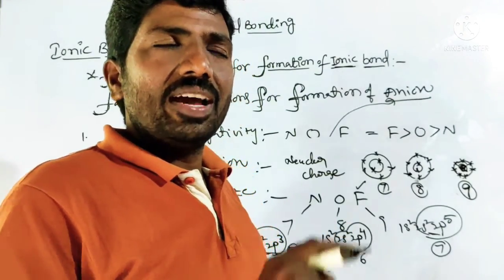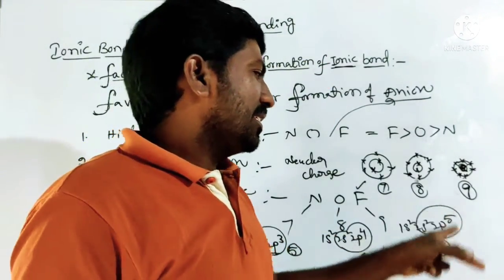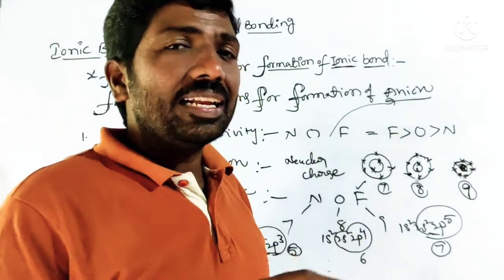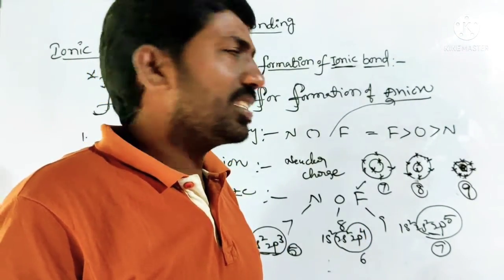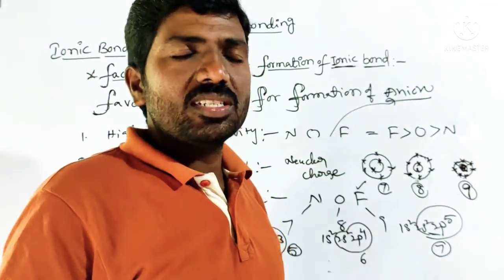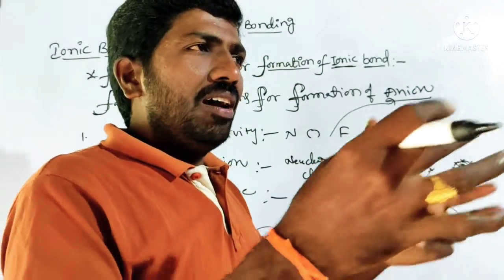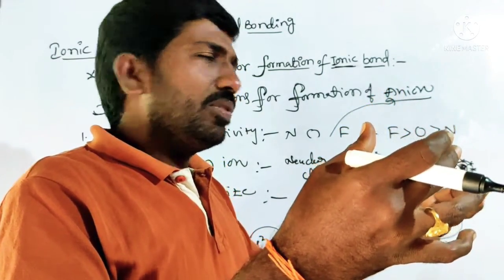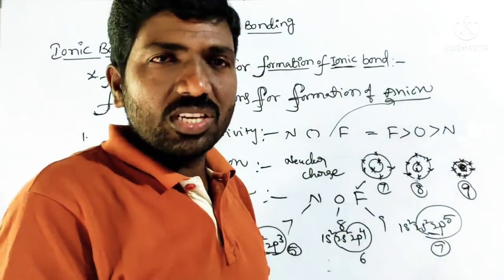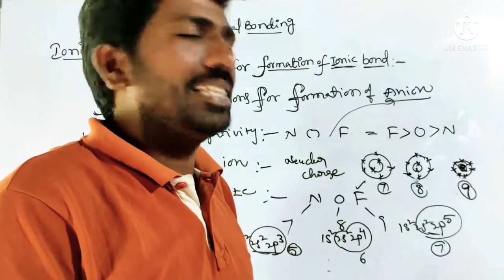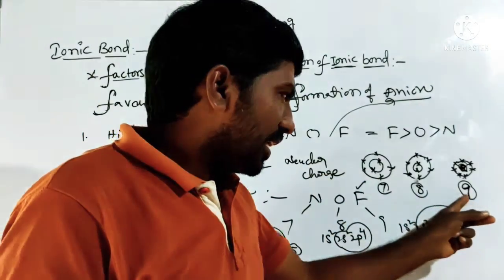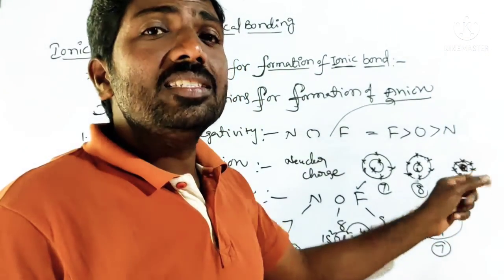There are only 7 valence electrons, but 9 protons inside the nucleus. These 9 protons' charge we will call nuclear charge, that is positive charge. As nuclear charge increases, atomic size decreases.